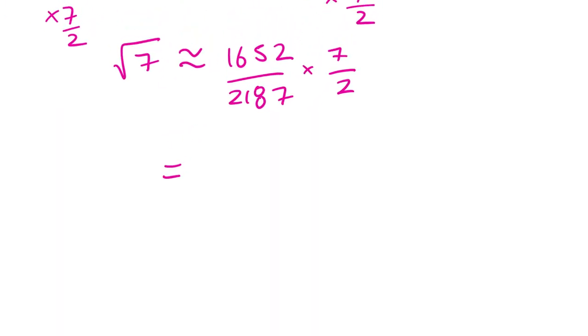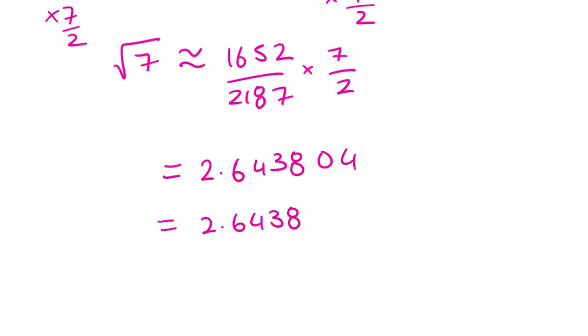Okay, so that means when I put that into my calculator, 1652 over 2187 times 7 over 2, I'm going to get 2.643804, etc. 2.6438. Okay, this is to 4dp.